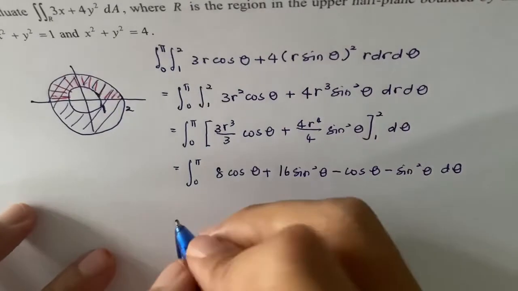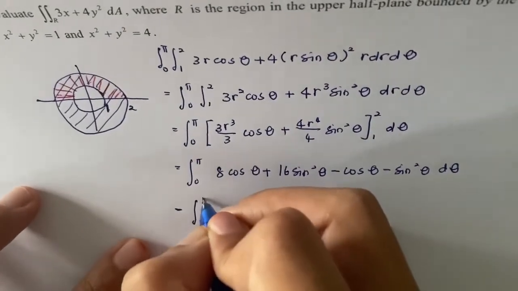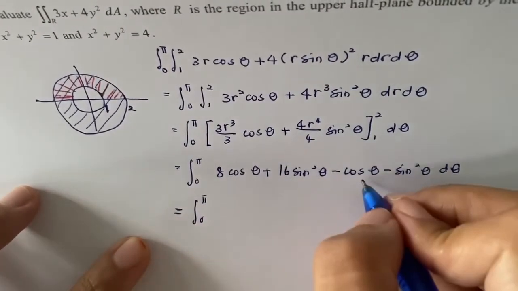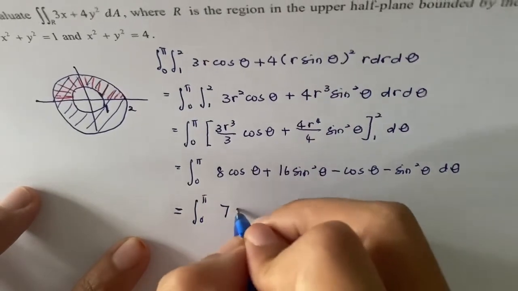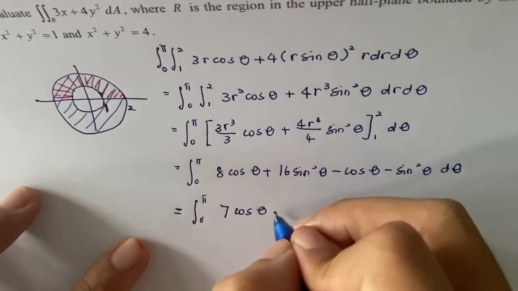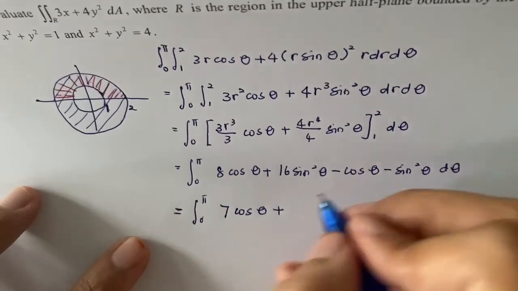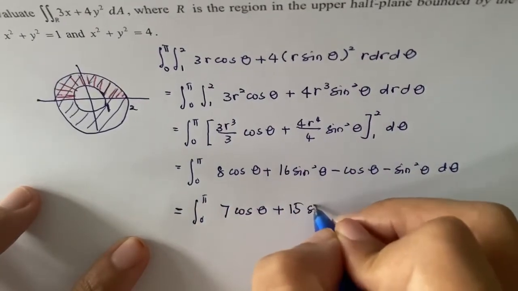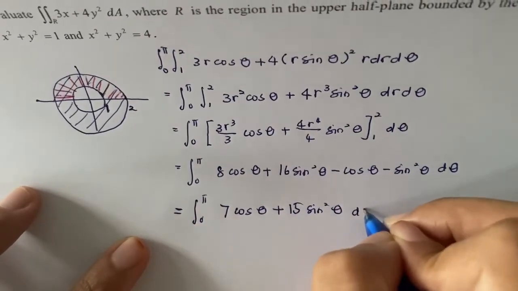Then again simplify. You have 0 to pi, 8 cos theta minus cos theta. We have 7 cos theta plus 16 minus 1, 15 sine square theta d theta.